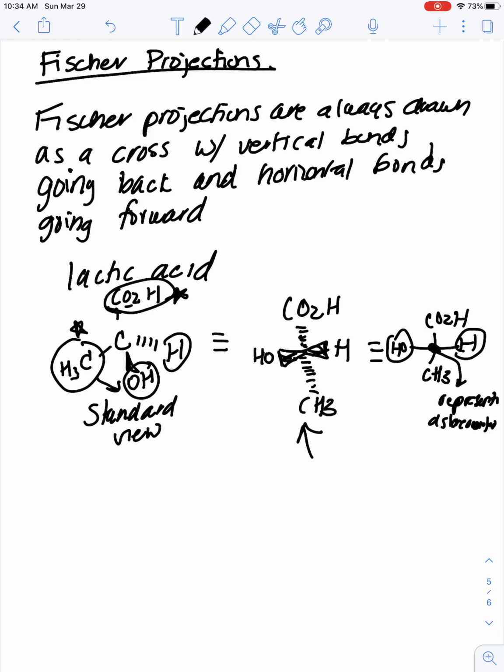So our alcohol and our hydrogen are going to be on our horizontal. Horizontal indicates that it is going forward, whereas anything that is vertical indicates that it's going back. And again, this is going to be talked about in detail when you take biochemistry, and you will talk about it hopefully next semester if we have enough time in 255. So again, you won't be quizzed on this with the Chapter 5 quiz.